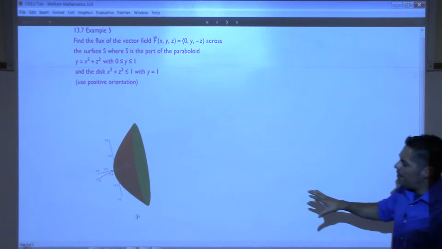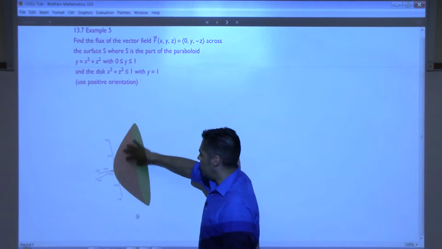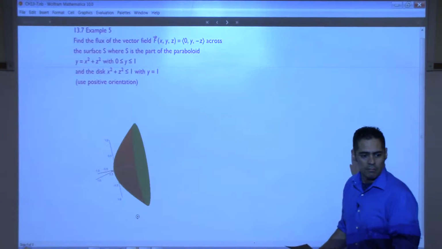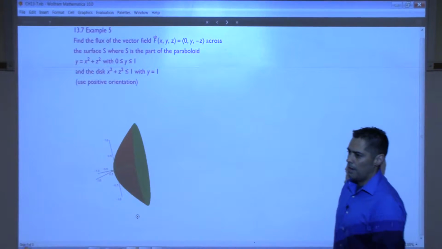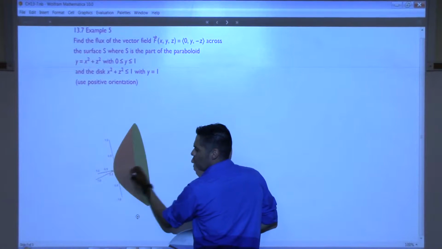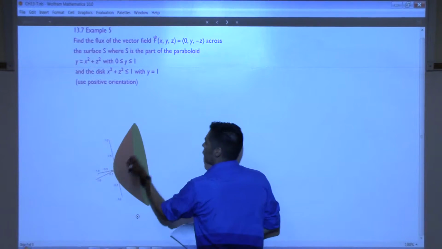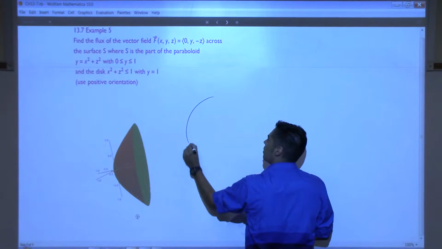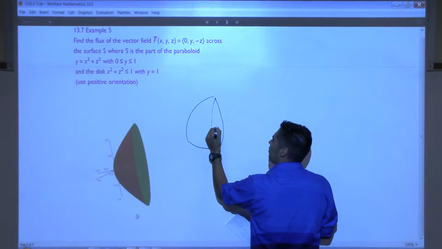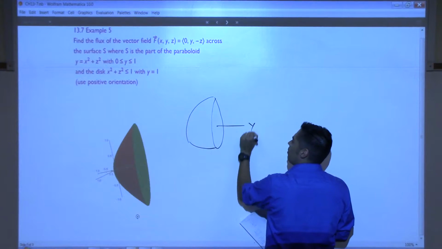So do we have a solid that is enclosed by some surface S? Yes, we do. You can see the solid inside of this. Remember, this is the x-axis, the y-axis, the z-axis. So we've got this picture. It's this bowl, and we've got the y-axis punching out of it.